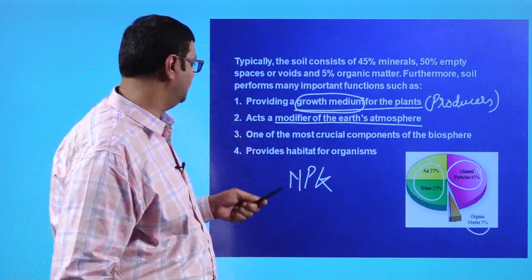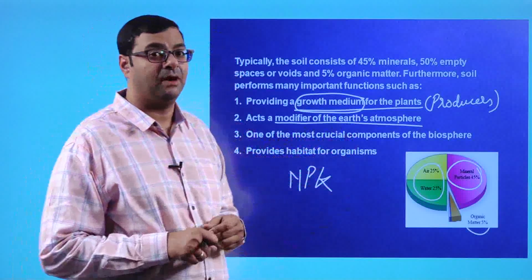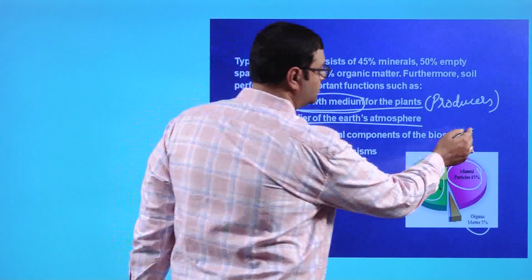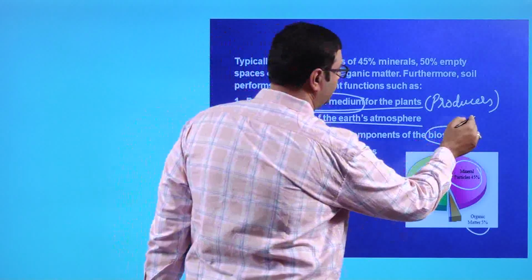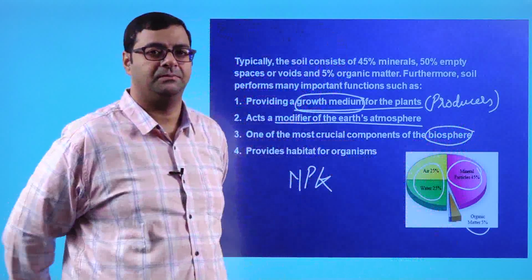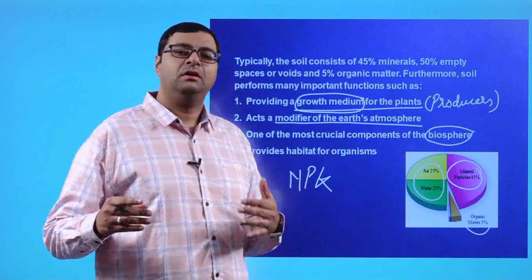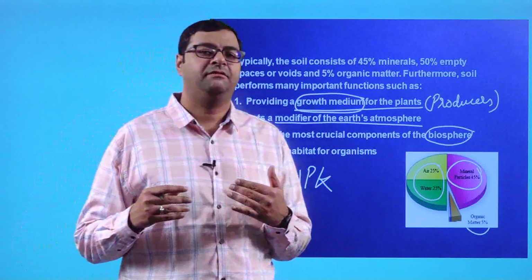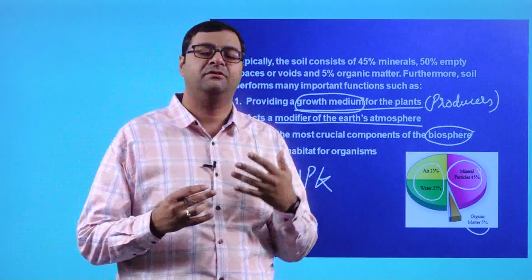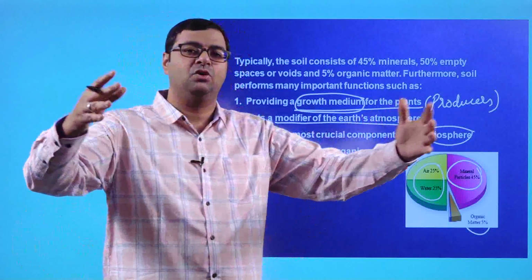Now moving on, one of the most crucial components of the biosphere. Biosphere is the living part of the ecosystem. Depending upon the types of soil and the types of nutrients available in the soil, the animals and plants got diversified.